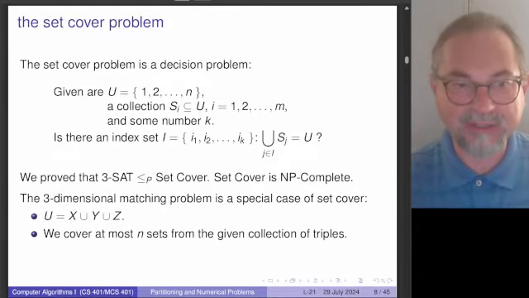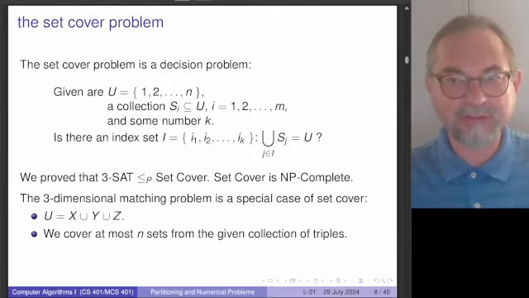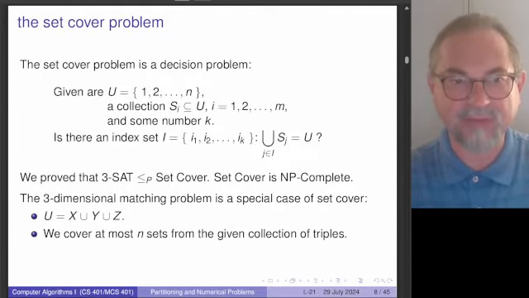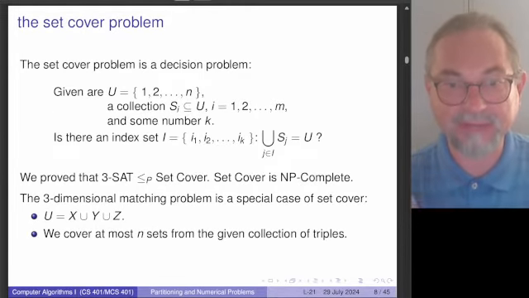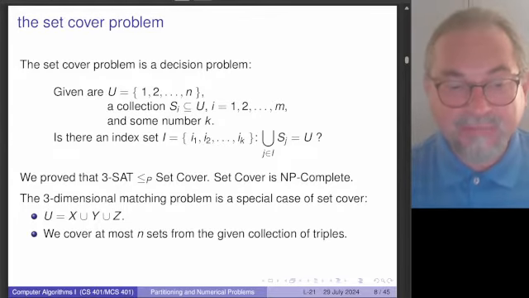So you can see here that we consider all the vertices as that set U, and then we have to find sets of triples, n triples essentially. Okay, and this covers it.